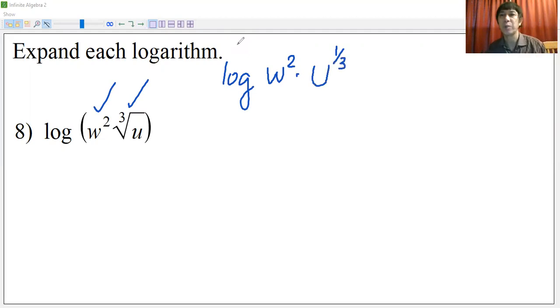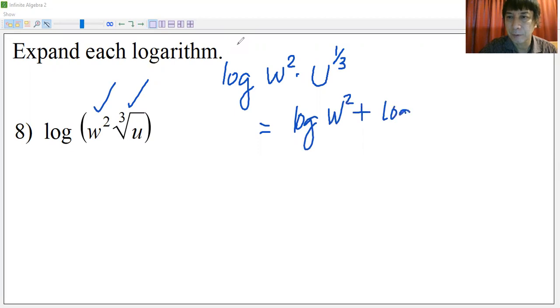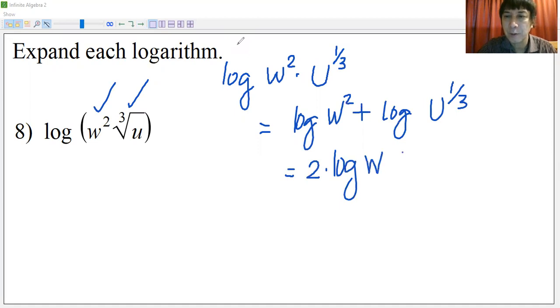There. The index number becomes the denominator of the fractional exponent. And so we can express this as logarithm of w squared plus logarithm of u to the 1/3. There. And this can be written so that the 2 goes in front times logarithm of w, plus the 1/3 goes in front, and we have logarithm of u there.